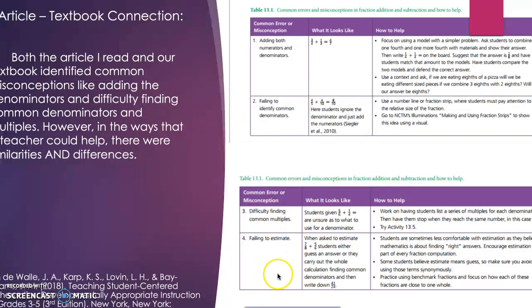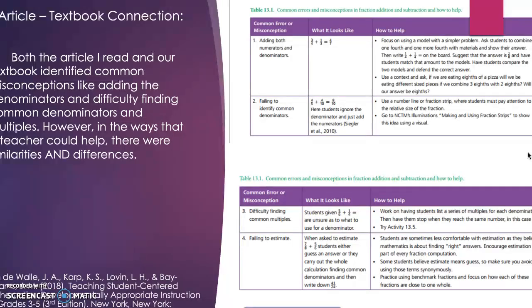The failing to estimate, let's focus on that a little bit. In this article, the students that were used definitely had a good basis of what fractions meant from the get-go.